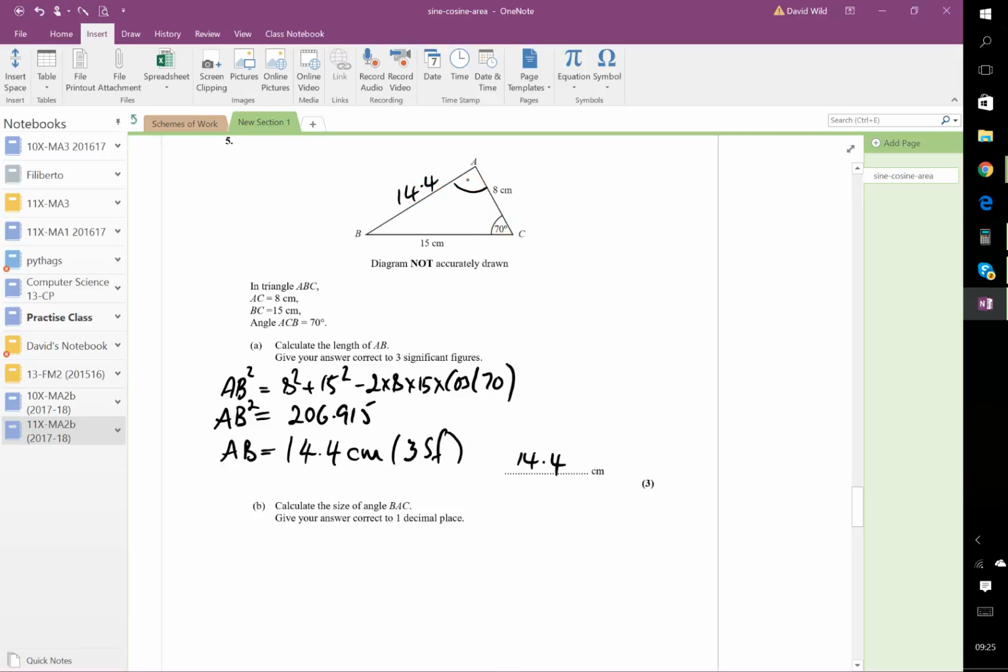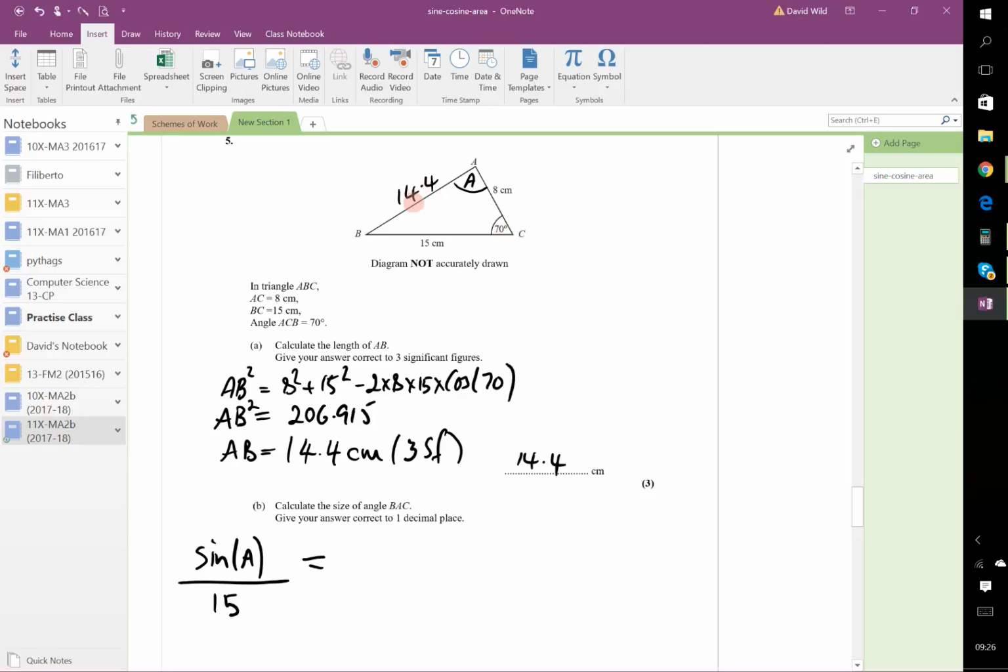We're trying to find an angle A, so we'll put the angles at the top. So we're going to have sine of A divided by the side opposite, 15, is equal to another pair.